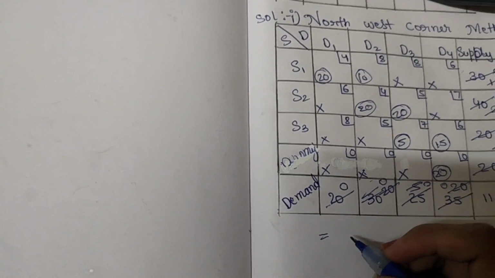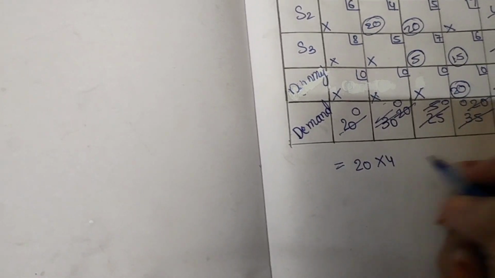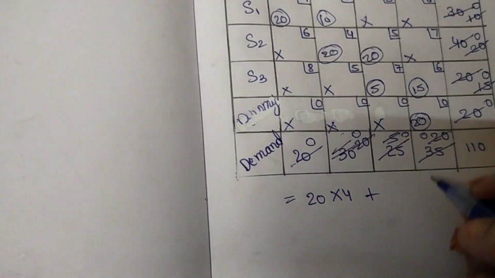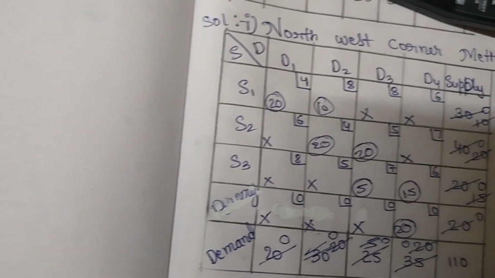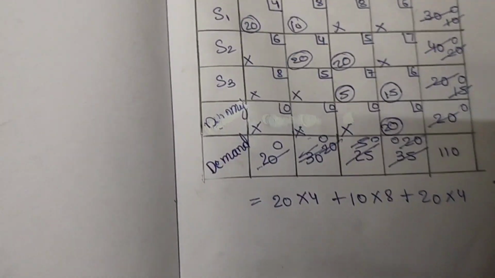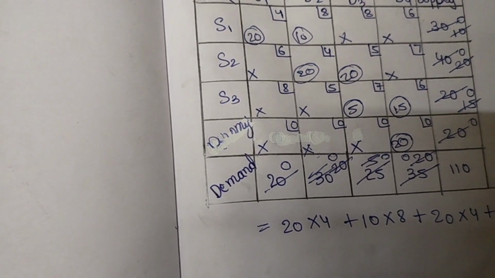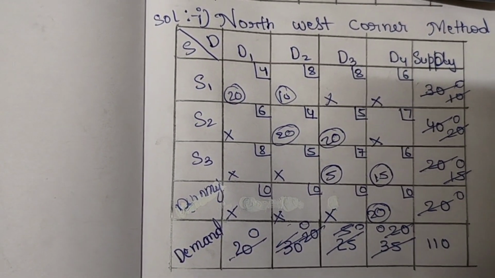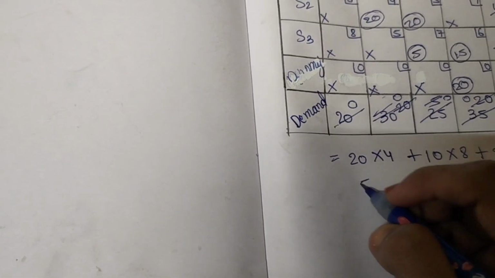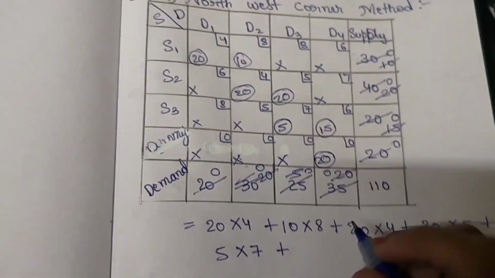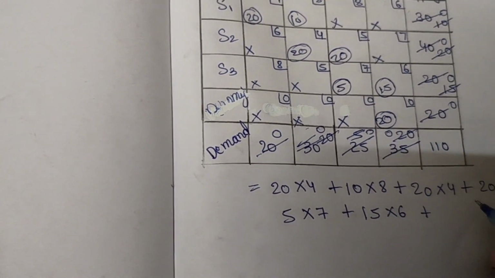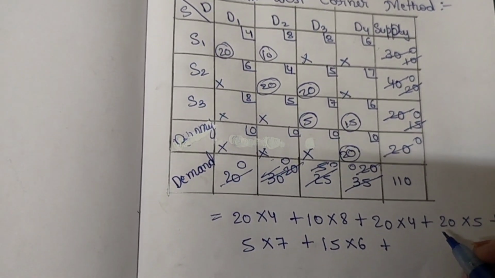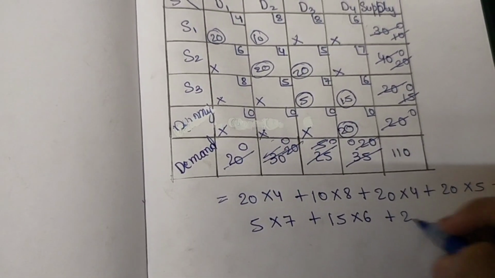For S1 D1 we have 20 into 4 plus S1 D2, that is 10 into 8 plus S2 D2, that is 20 into 4, plus S2 D3, that is 20 into 5, plus next S3 D3, that is 5 into 7 plus S3 D4, that is 15 into 6 plus the dummy row that can be set as S4, that is S4 D4, 20 into 0.